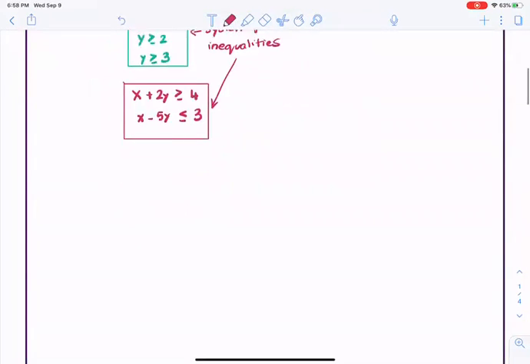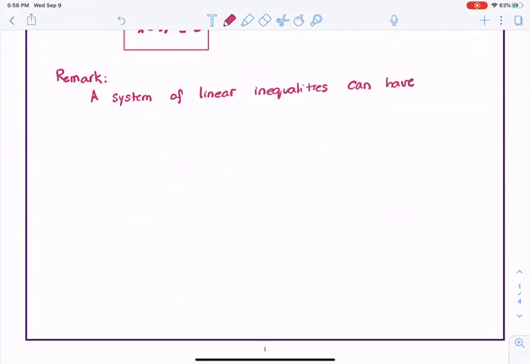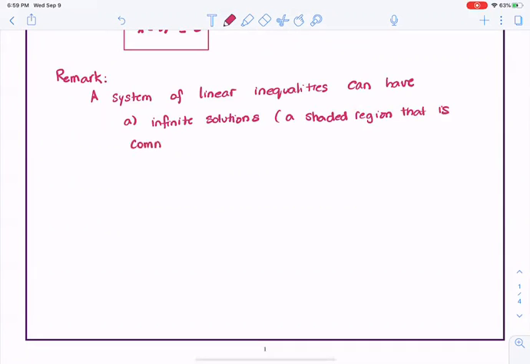A key thing to note, to remark, a system of linear inequalities can have infinitely many solutions, and specifically in a graph, those infinite solutions are simply a shaded region that is common to all inequalities.